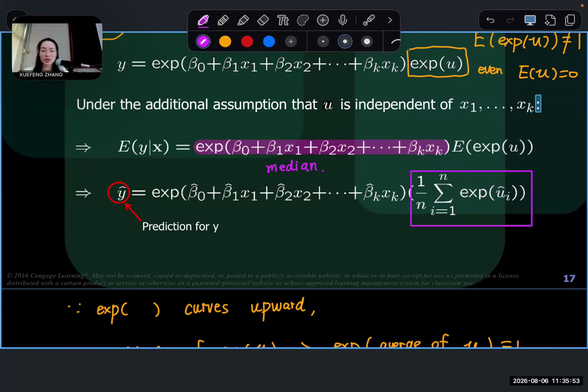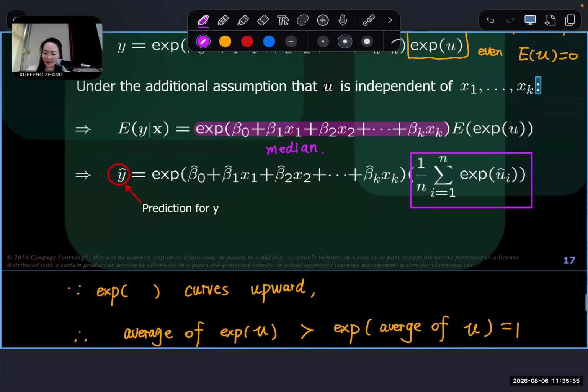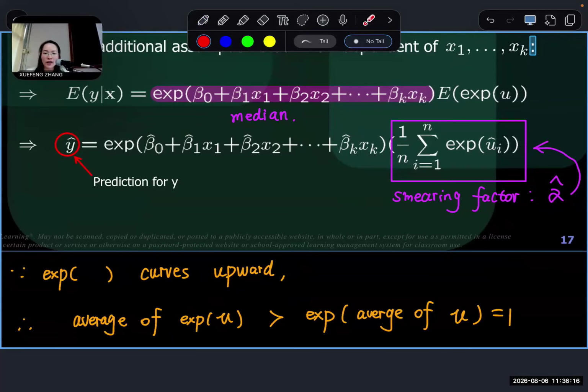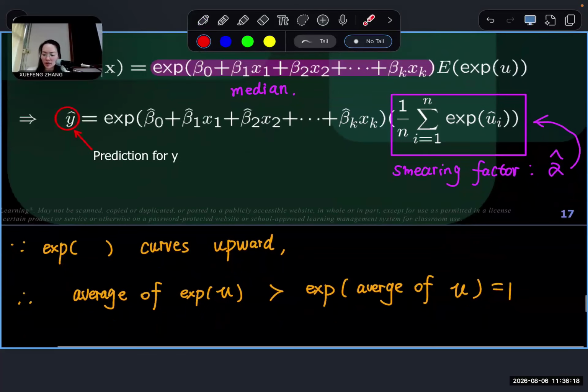So you need to know this is the smearing factor. Okay, so let's use alpha hat to represent it. So this is the average of exponentiated residuals.